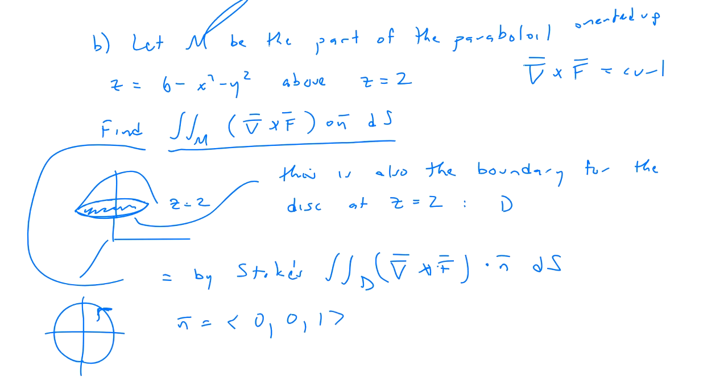And you can see I made this fairly nice, because if you look back at the curl, I got something messy, and -1. So the parameterization is just I don't care, and -1. And so therefore I'm getting this double integral over the disk of the whatever, -1 dotted with the normal vector.